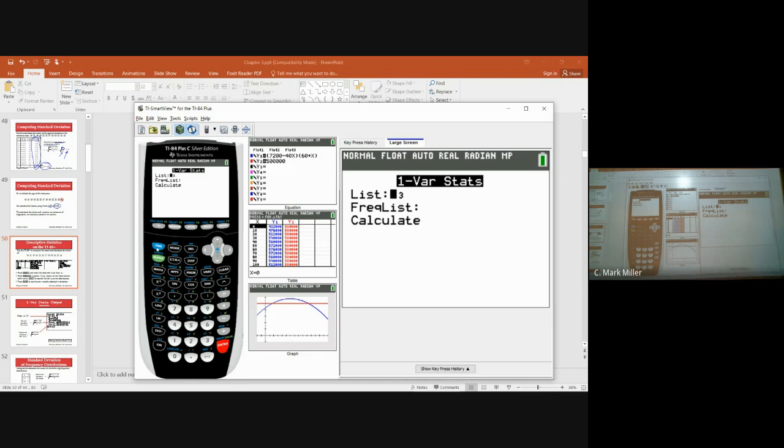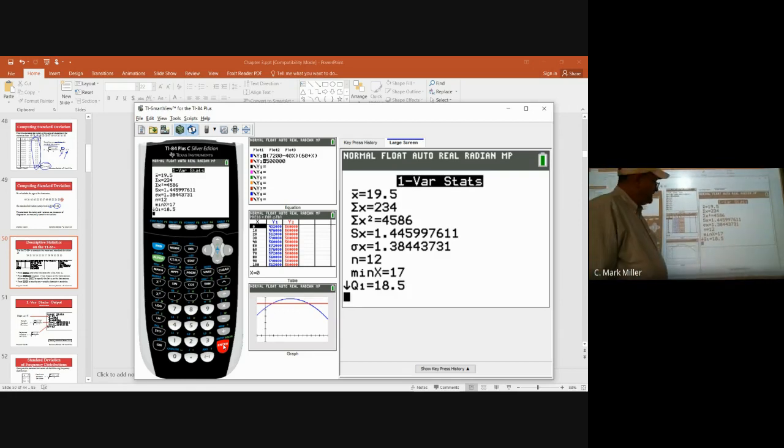We can do second, L1, second, L2, calculate, and you get the exact same values, which you should, because they're the same data, just rearranged into a frequency distribution.